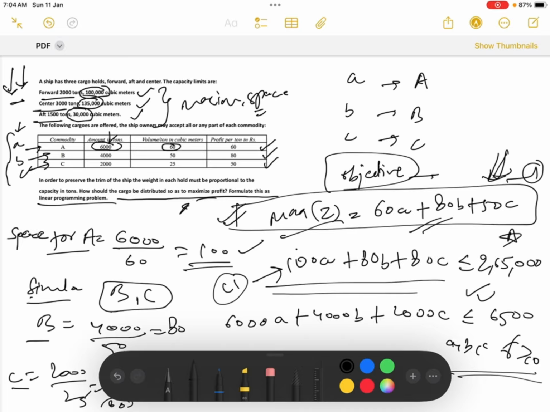After that, we took the spaces, the maximum space for A was 6000 upon 60, similarly 4000 upon 50, and 2000 upon 25. This came to be 100, 80 and 80. So these were the maximum spaces, and these should be less than 100,000, 135,000 and 30,000, coming up to 265,000.